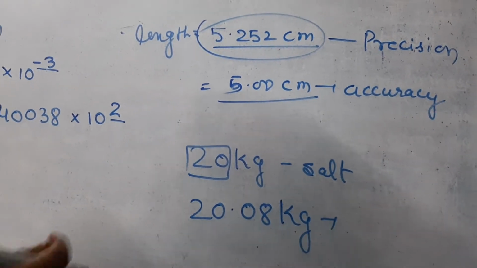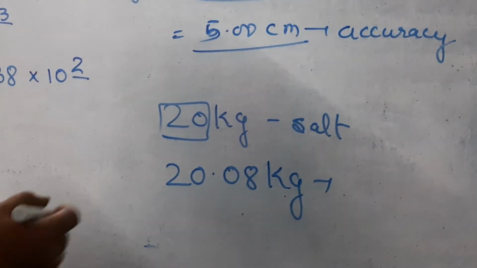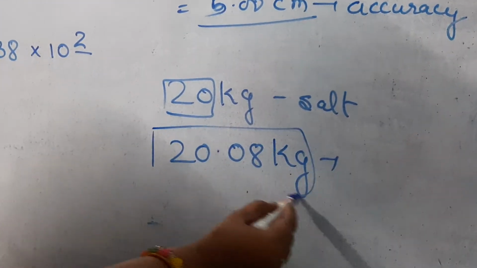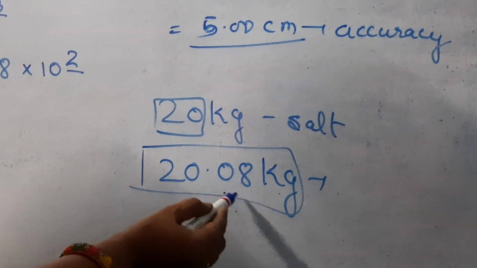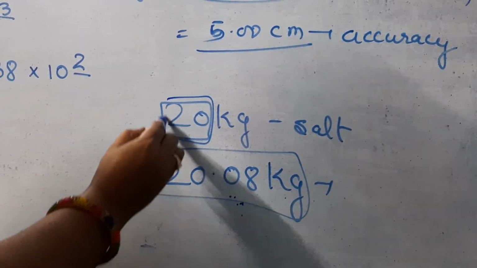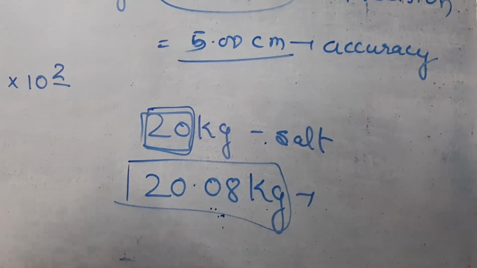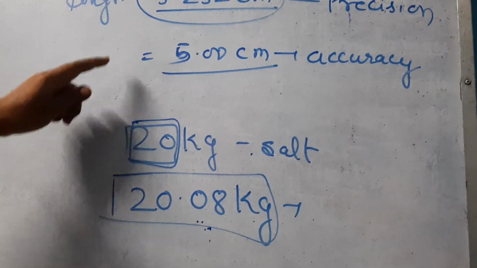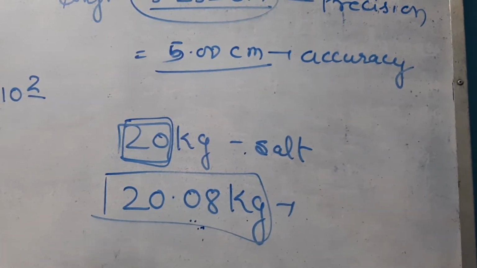So how can you decide when you are getting the accurate value? Otherwise you have to take 20 or otherwise you have to take 21. So this is not an accurate value. This is an accurate, confirmed, definite value. So it is accuracy and it is precision. This is the difference between accuracy and precision. So you need to write the definition and one example of both.